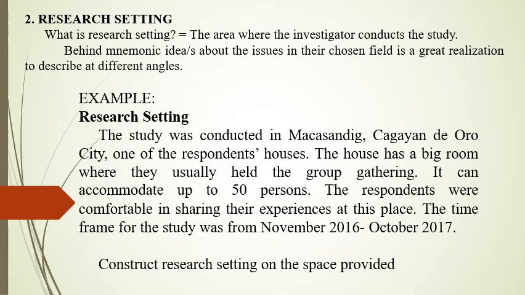The house has a big room where they usually hold group gatherings. It can accommodate up to 50 persons. The respondents were comfortable in sharing their experiences at this place. The time frame for the study was from November 2016 to October 2017.